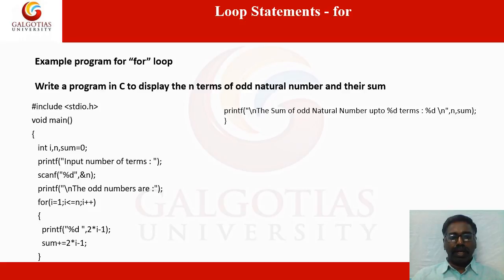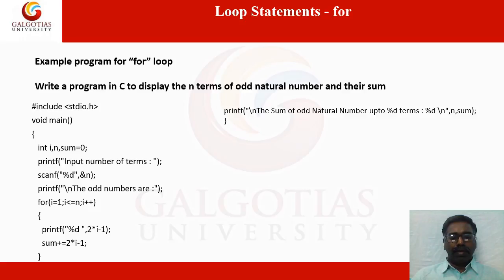We ask the user to input the nth number of terms. He will give some value, and it is assigned to a variable n. Then the odd numbers are going to be printed. We have a for loop here: for i equal to 1 is the initialization, i less than or equal to n is the checking condition, and i plus plus is the incrementer.